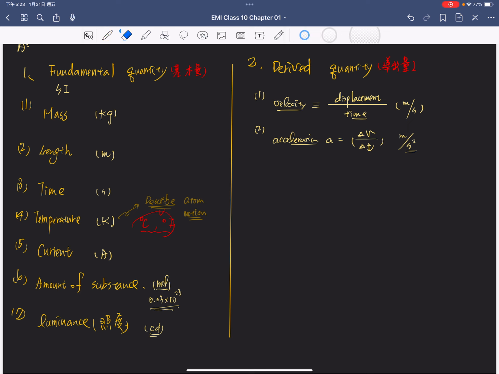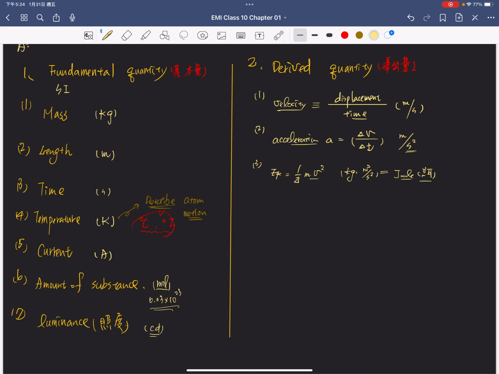Also the kinetic energy. The formula of kinetic energy is 1/2 times m times v squared, so the unit is kilograms times meters per second squared, and we call this unit the joule. In Chinese, it's joule.